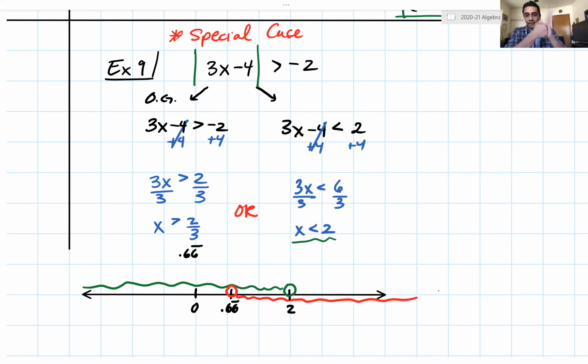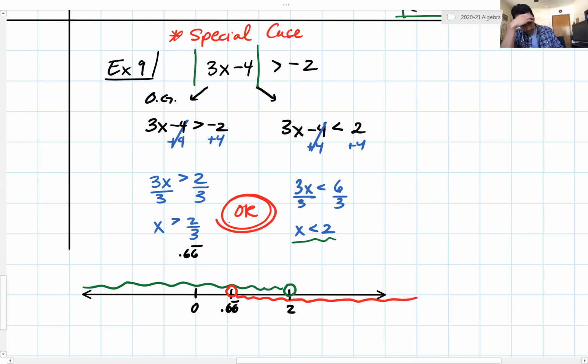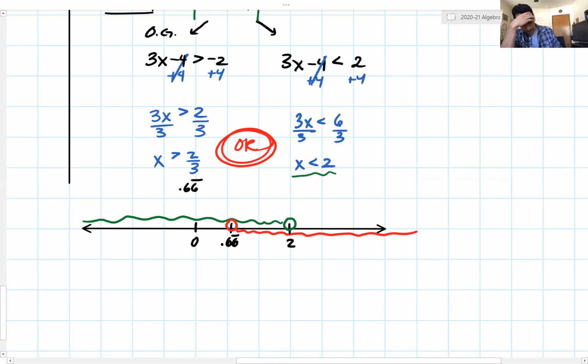And then from 0.66 all the way to the right, it took care of 2 because it got shaded in red. So because it's or, we can say that the entire number line is shaded. So we can find a solution anywhere. Any number that we choose will either be less than 2 or it'll be greater than 2/3. So then the interval goes from negative infinity to infinity, or you can say all real numbers.